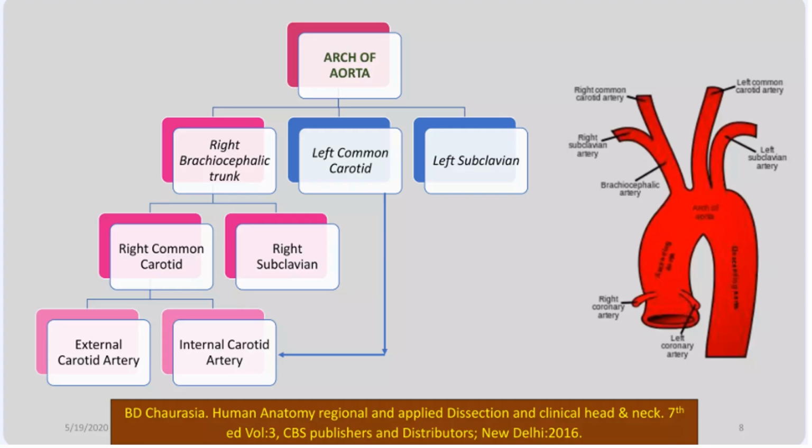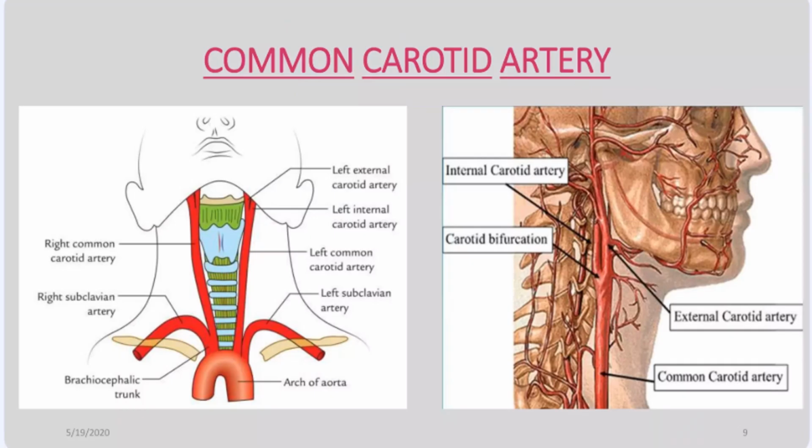So the right brachiocephalic trunk will divide into right common carotid artery and right subclavian artery, and on the other side the left common carotid artery and right common carotid artery will divide into internal carotid artery and external carotid artery. So these are the common carotid artery, external carotid artery, internal carotid artery.